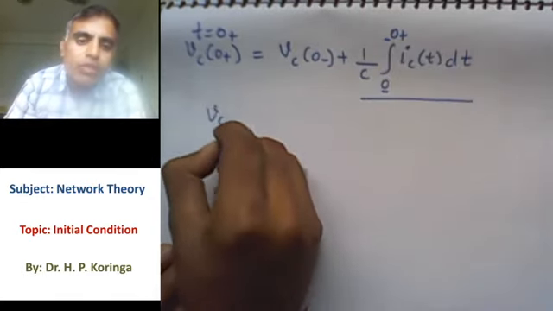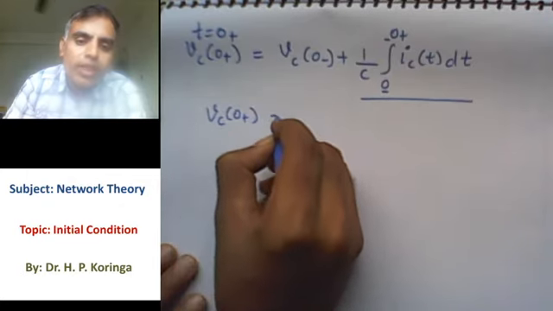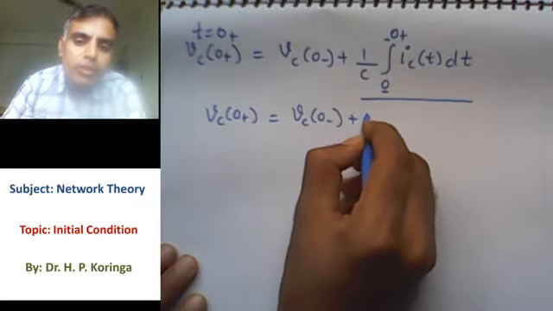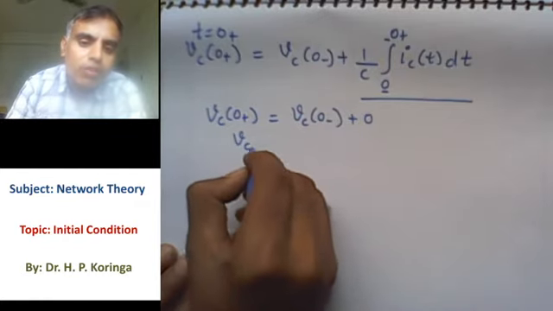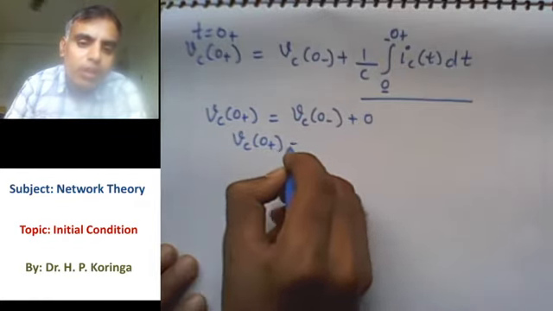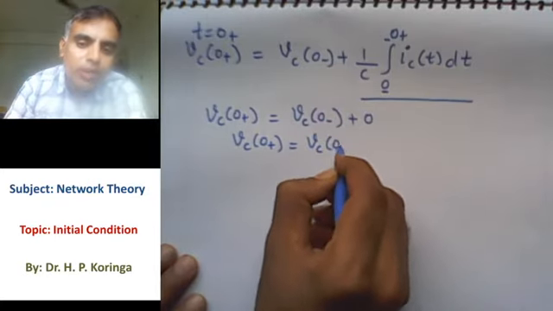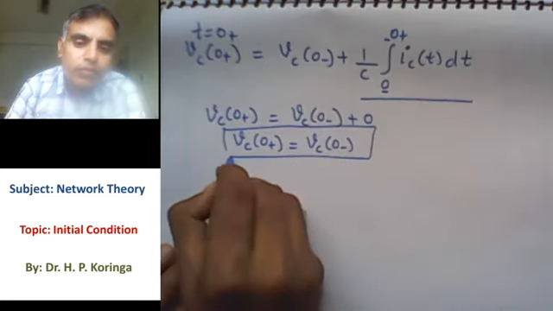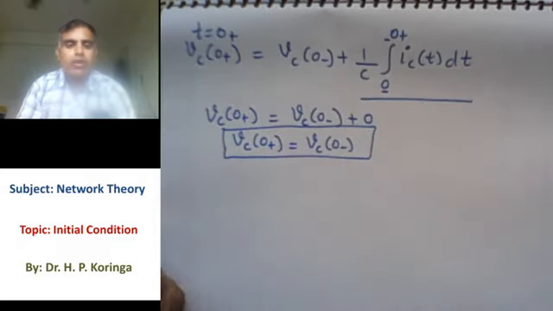So Vc of 0 plus is equal to Vc of 0 minus plus 0. So Vc of 0 plus is equal to Vc of 0 minus.